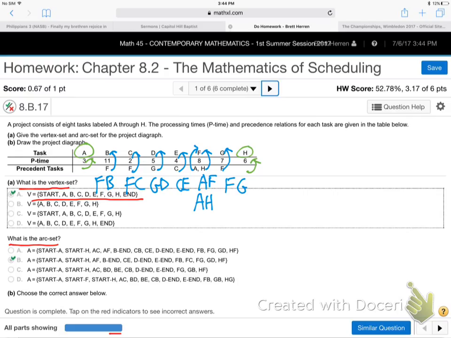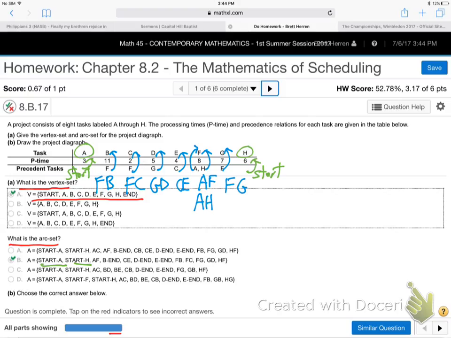So that means they're done right at the start. So it must be start to H and start to A. That's why the real answer has start to A and start to H. Does that make sense? If there's no task before you, you're at the start. If nothing precedes you, if you have no precedent, right?